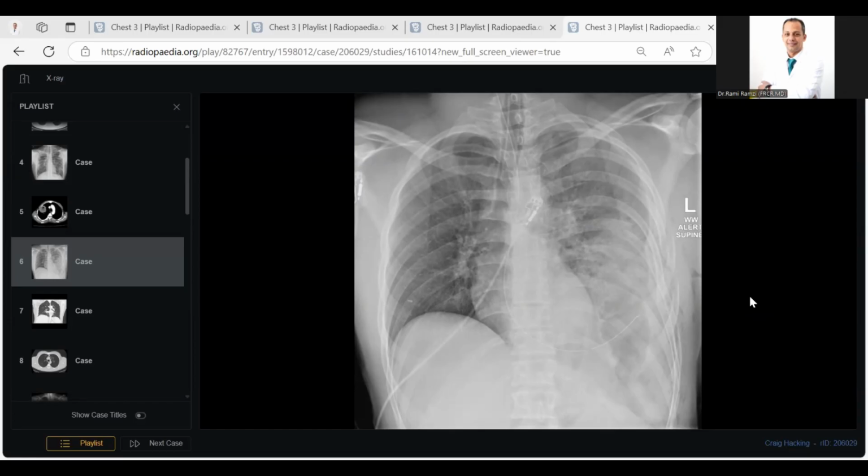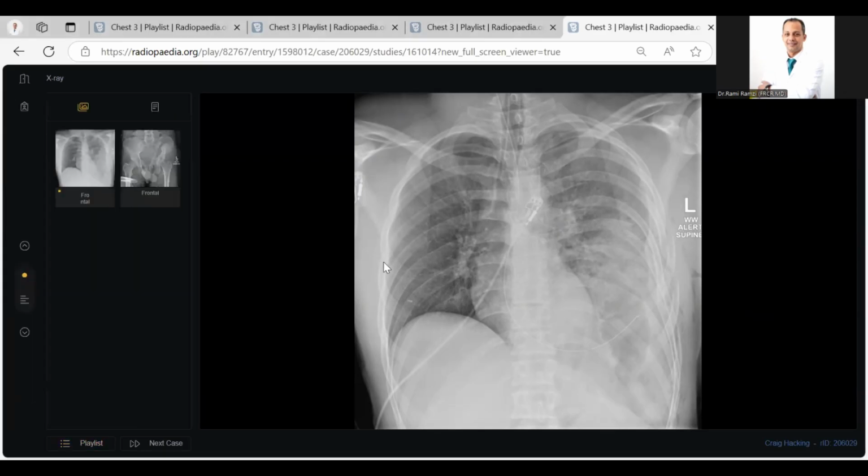35-year-old patient, post-trauma. Okay, chest X-ray frontal projection of a 55-year-old male presented with trauma. Here I can appreciate diffuse opacity involving the left lower hemithorax. I cannot appreciate the left hemidiaphragm.